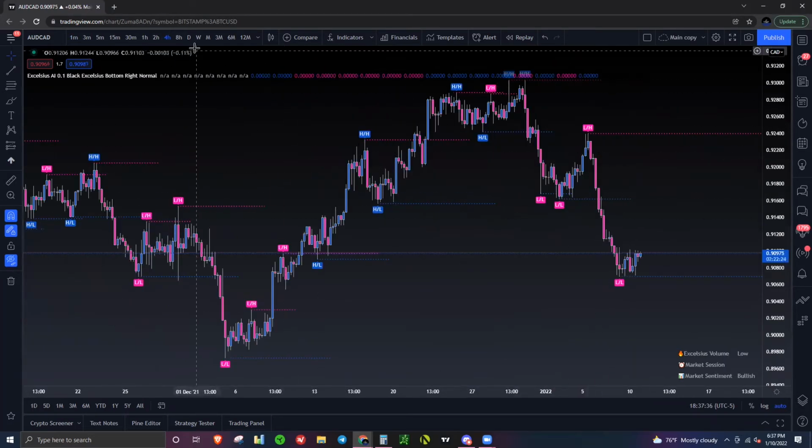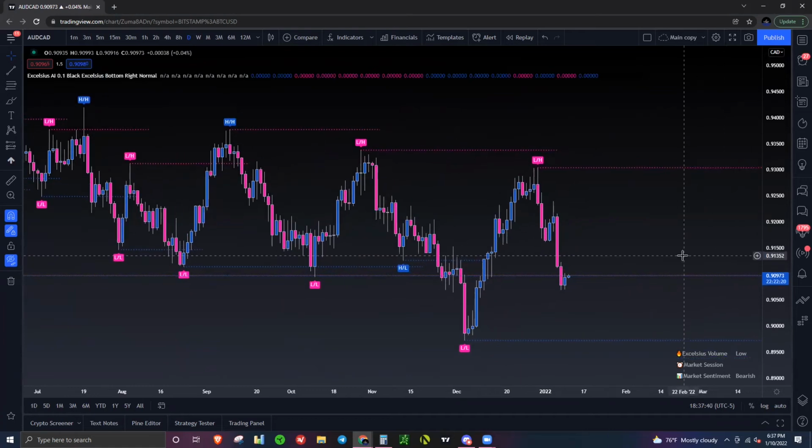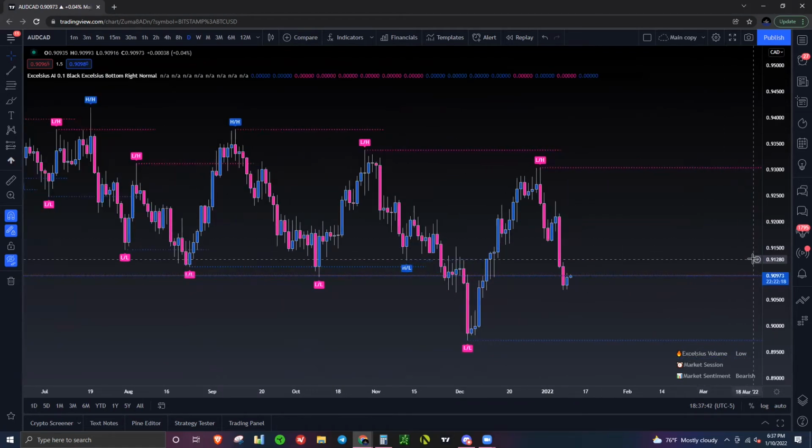You need to be mindful of what is going on in the higher time frames that tell you what to expect in context to the size of the movement. The higher the time frame point you break, the more significant a movement you can expect, and the lower the time frame point you break, the shorter the movement you can expect.